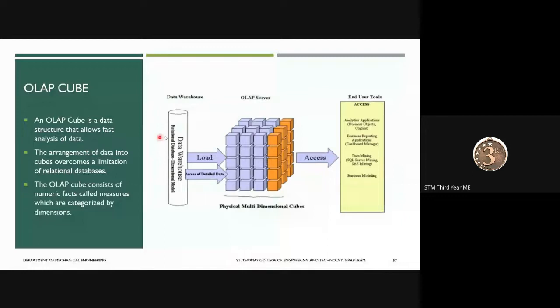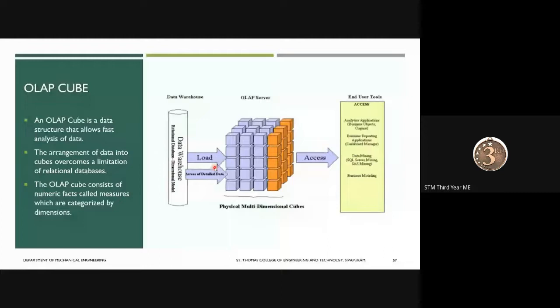A shape that is essential for data recalling is always a cube, and hence it is represented by a cube. An OLAP cube is nothing but a data structure used for data analysis. You can see here that from the data warehouse it is data mined and formed into a cube that is called an OLAP cube.